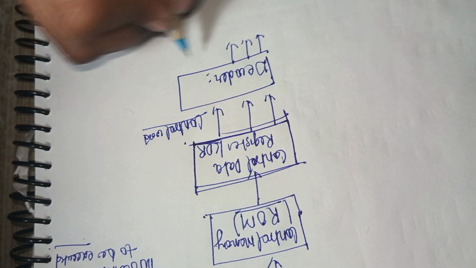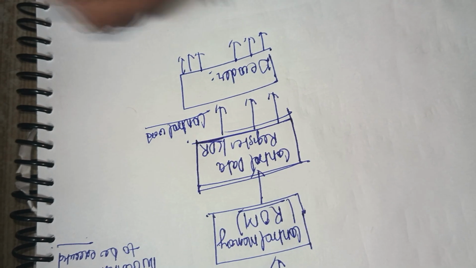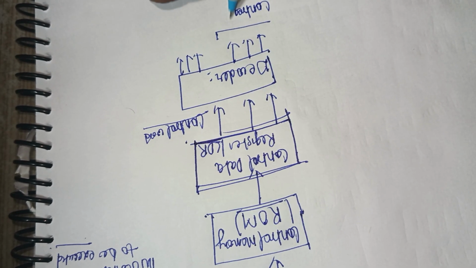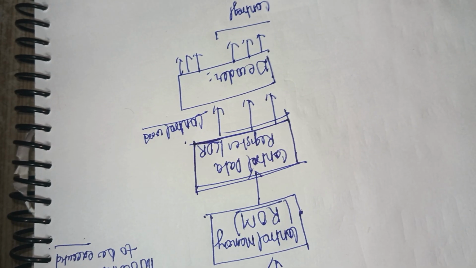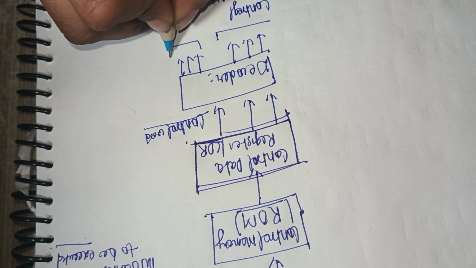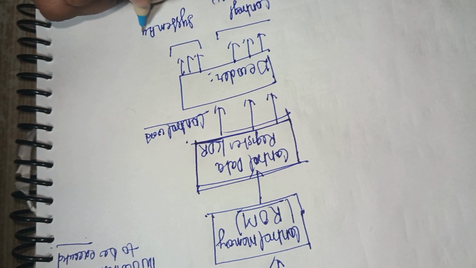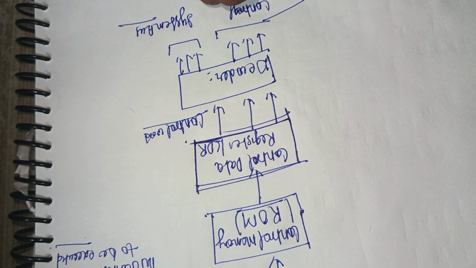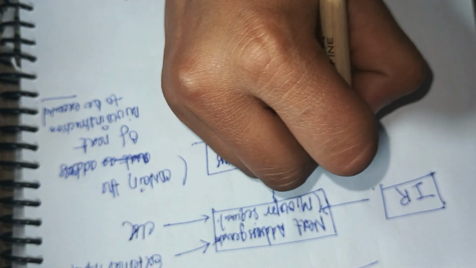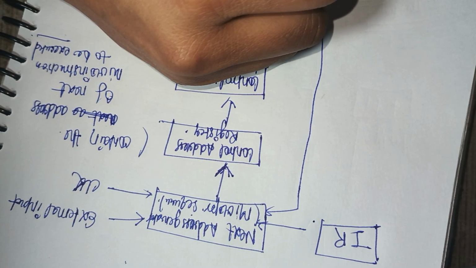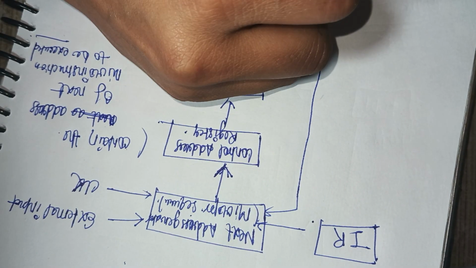Some output signals are control signals that go to the CPU, and some go to the system bus. After that, the next address information is passed through the microprogram sequencer for the execution of the next instruction.